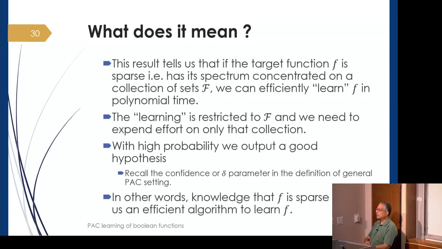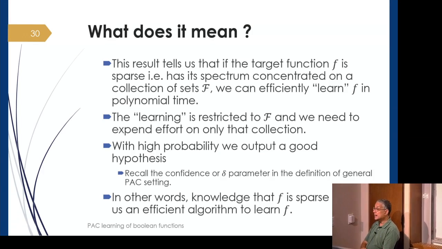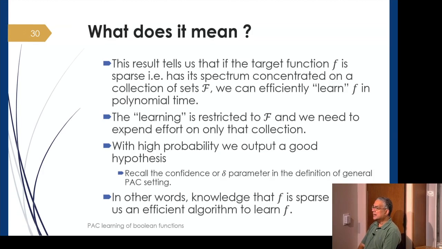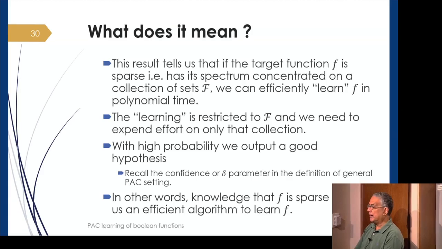So what does this statement mean? What this really means intuitively is that if the target function f is sparse, and therefore you have just a few coefficients, polynomially many, let's say, in n, then its spectrum is concentrated on those coefficients, and we can efficiently learn f in polynomial time.